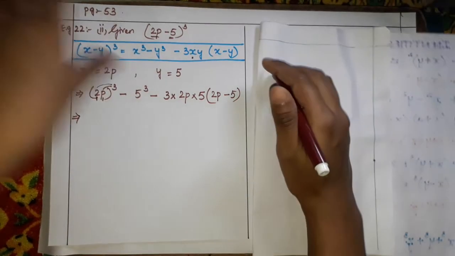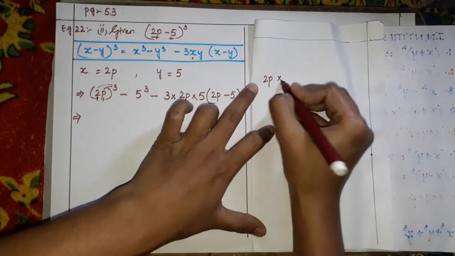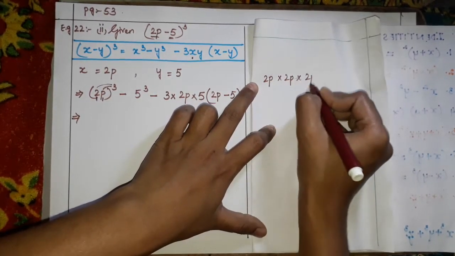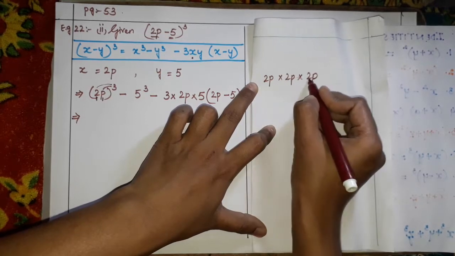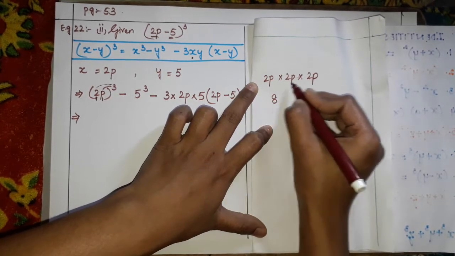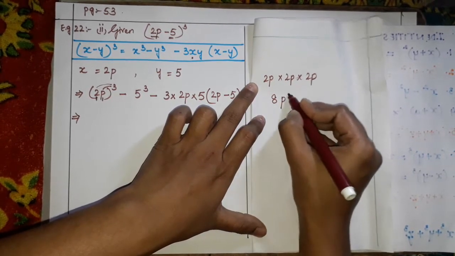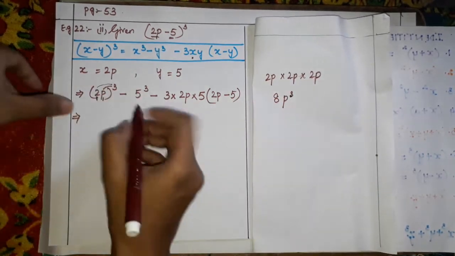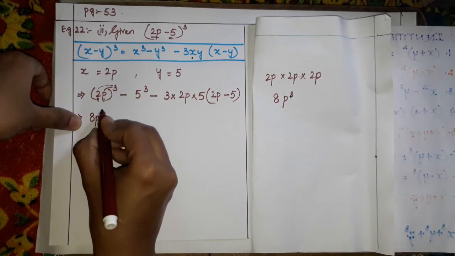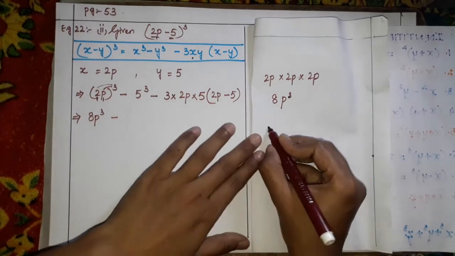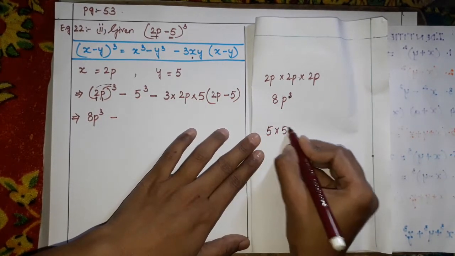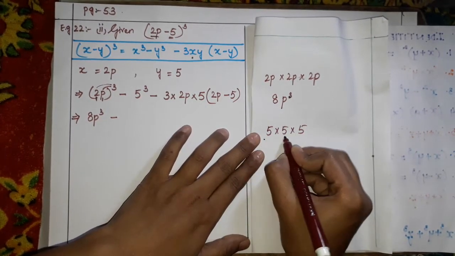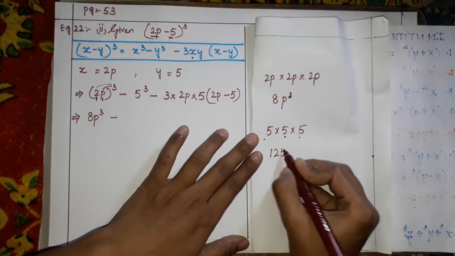Now 2p whole cube means what? 2p into 2p into 2p. We have to take 3 times. 2 2s are 4, 4 2s are 8. p into p into p is nothing but p cube. Okay now, so it is 8p cube minus 5 cube means 5 into 5 into 5. 5 5s are 25. 25 5s is what? 125.